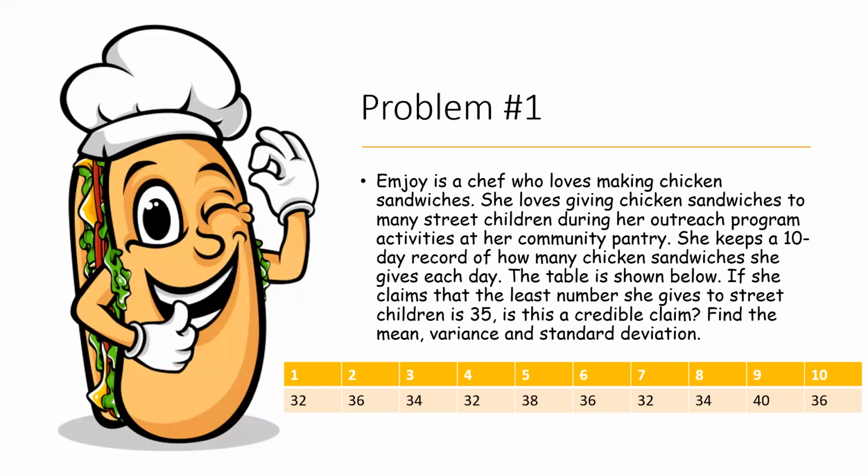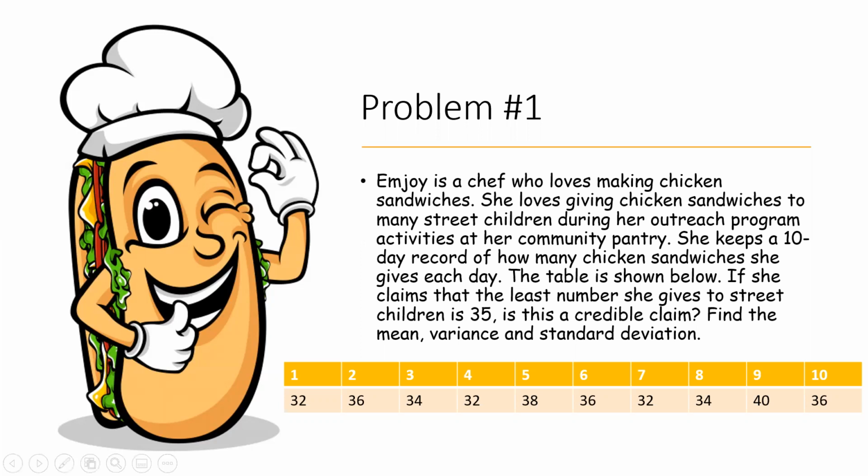So our first problem is: Joy is a chef who loves making chicken sandwiches. She loves giving chicken sandwiches to many street children during her outreach program activities at her community pantry. She keeps a 10-day record of how many chicken sandwiches she gives each day. The table is shown below. If she claims that the least number she gives to street children is 35, is this a credible claim?